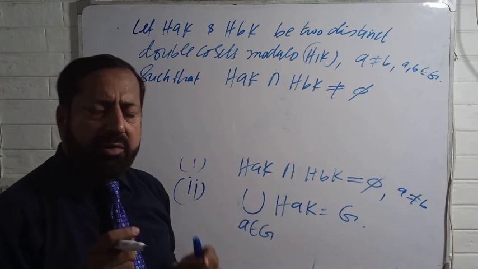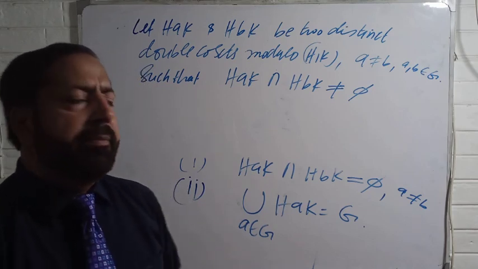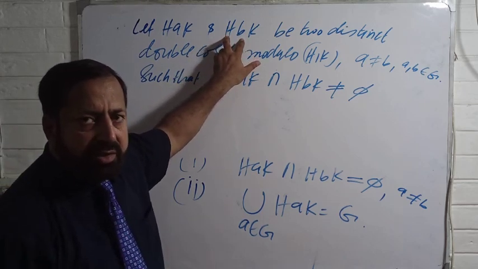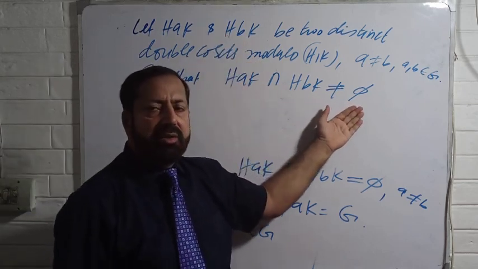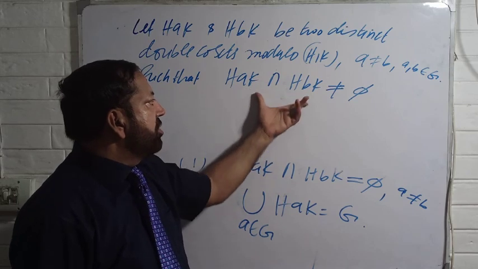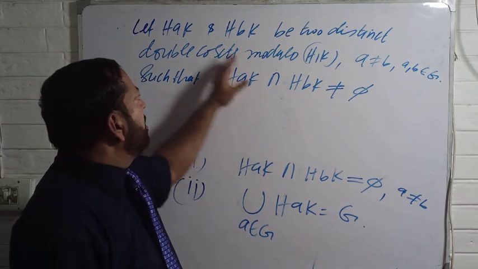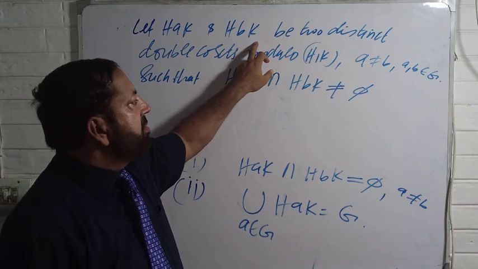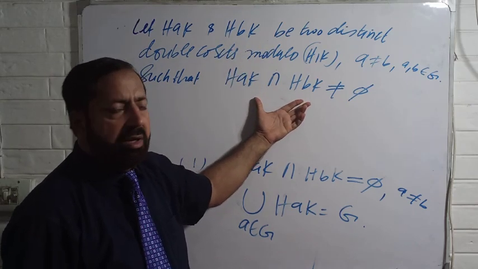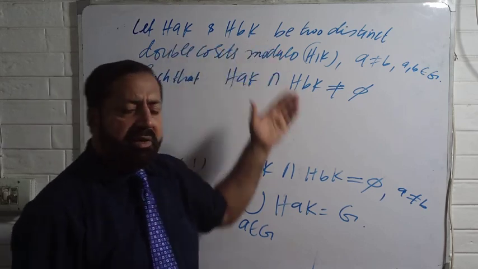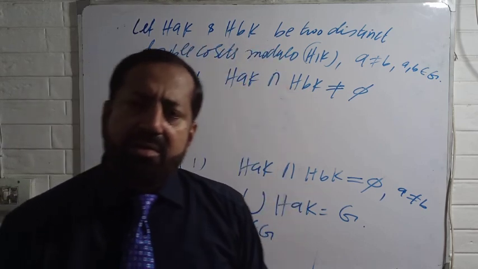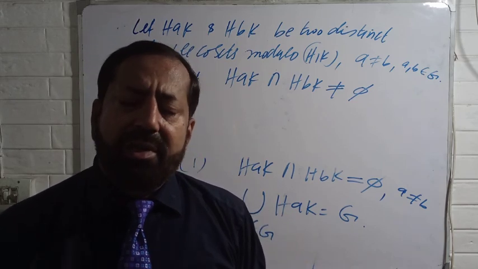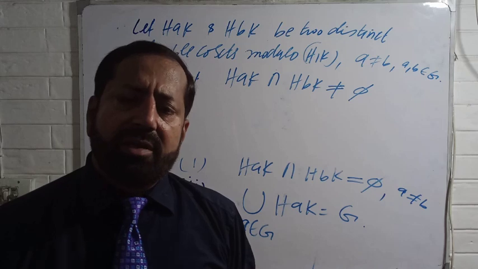Try to think about this supposition, what I am saying. We are assuming that these are two different double cosets, however they have some intersection. By using this condition, I would be able to show that these are not distinct. So this supposition is wrong, because there is no problem in taking two different double cosets.